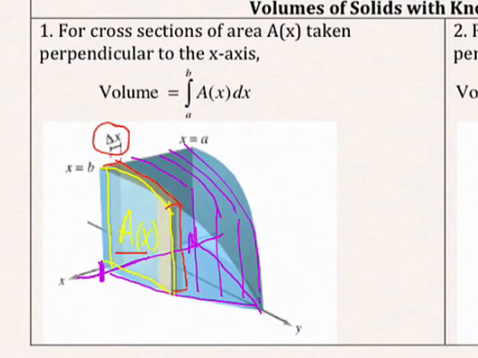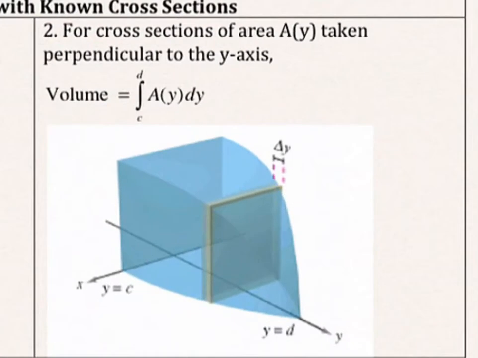So some things to note. When this is perpendicular to the x-axis, notice our area formula will be a formula of x with respect to x, and then a and b are going to be on the x-axis. So the same process for number 2.